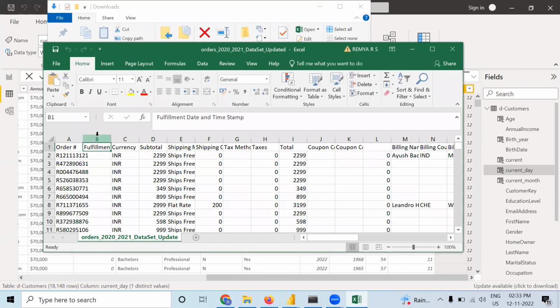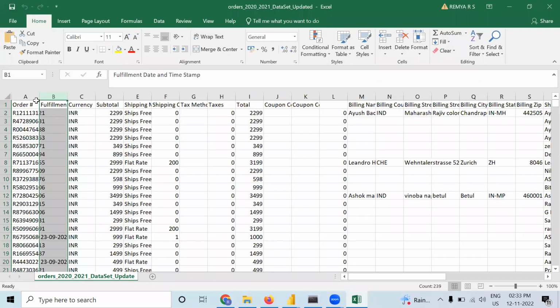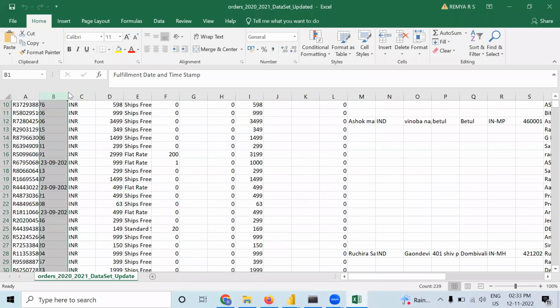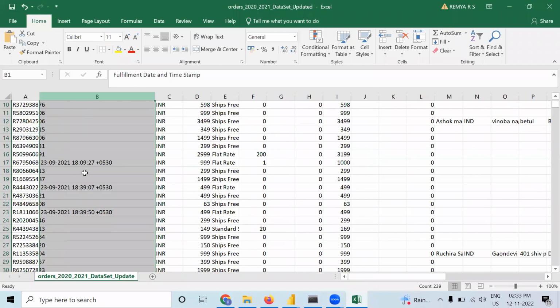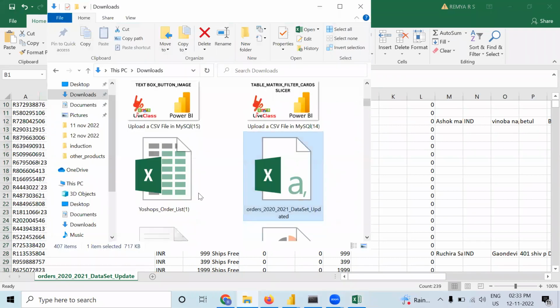This was that particular thing, right? So in this condition, if you want to understand what the hour was, 18, right? That you can extract with the help of the HOUR function.